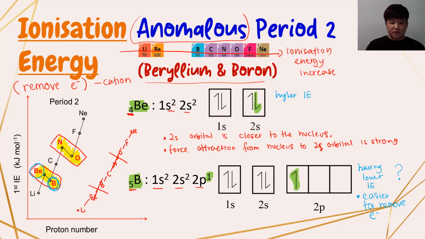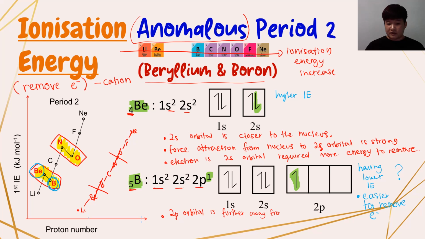So, when the force of attraction from the nucleus to the 2s is stronger, the electron in the 2s orbital requires more energy to remove. But the 2p orbital is further away from the nucleus compared to 2s.